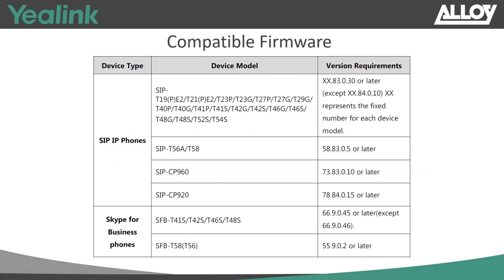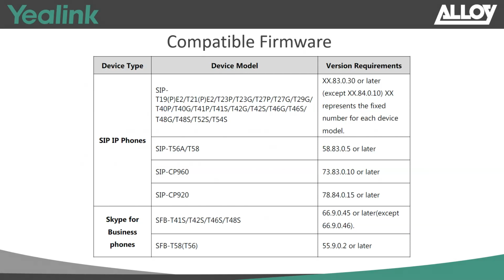Now, one of the major issues that we do see with people using Yealink's YDM is using incompatible firmware. If you are going to use the on-premise or the cloud-based YDM platform, you need to make sure your devices, your phones for instance, are using a compatible version of firmware.